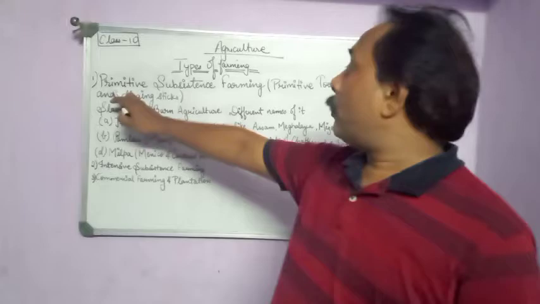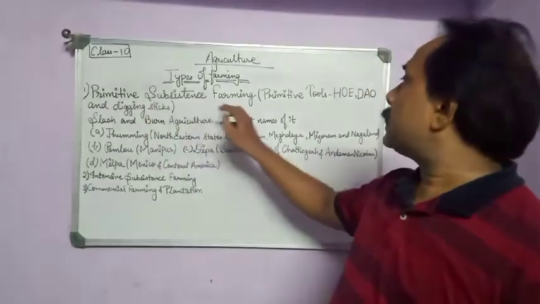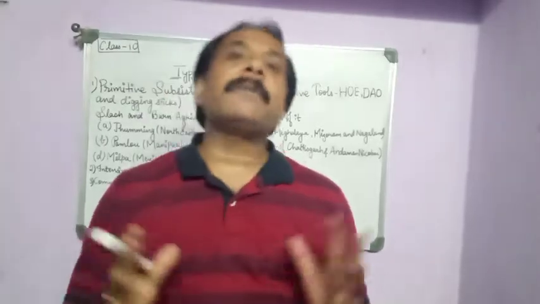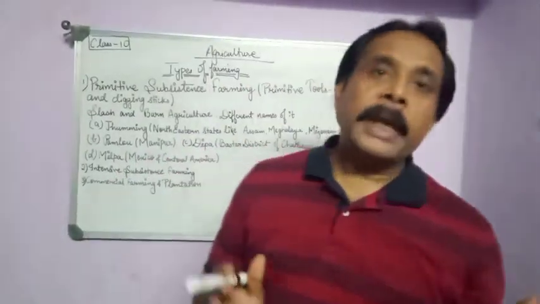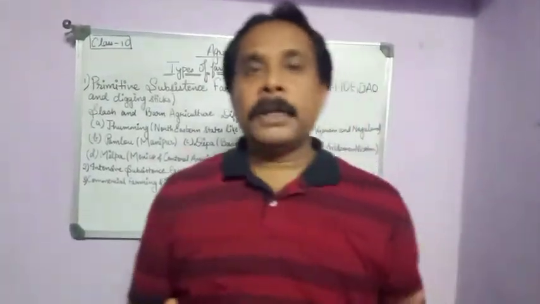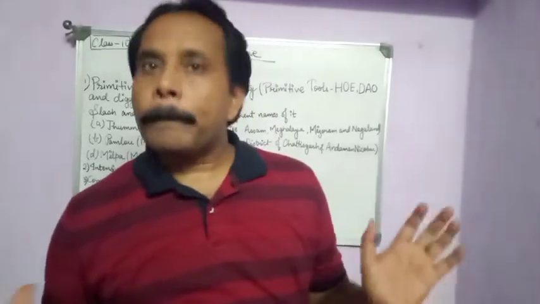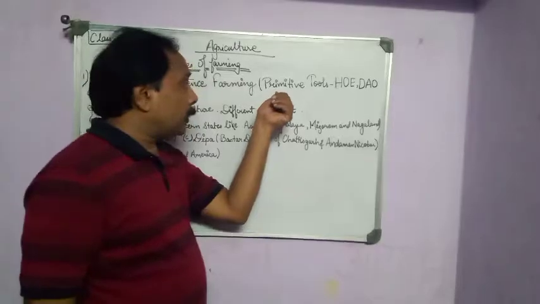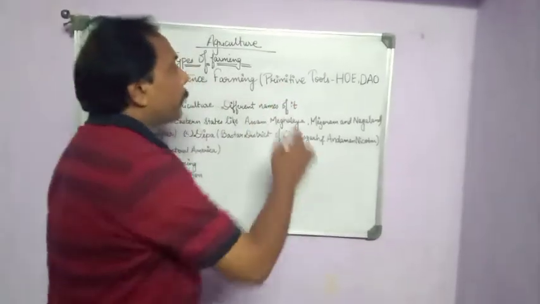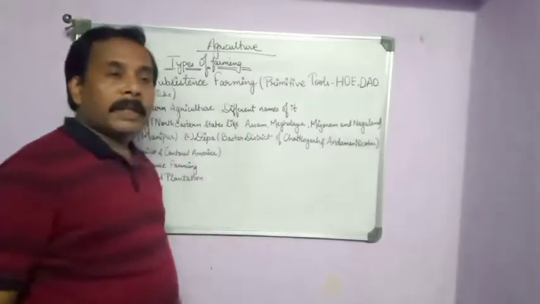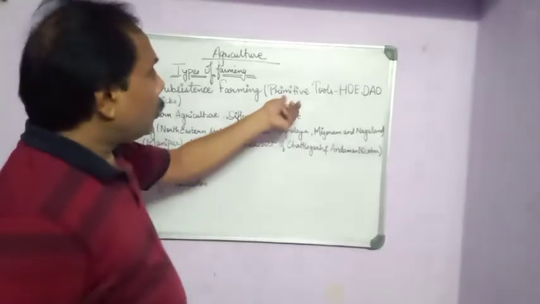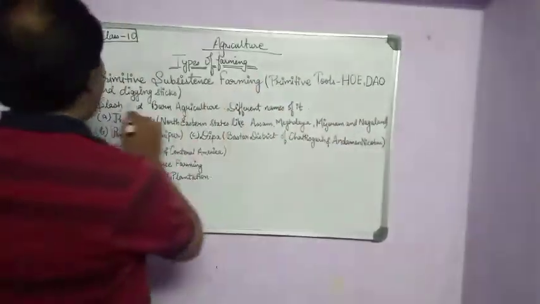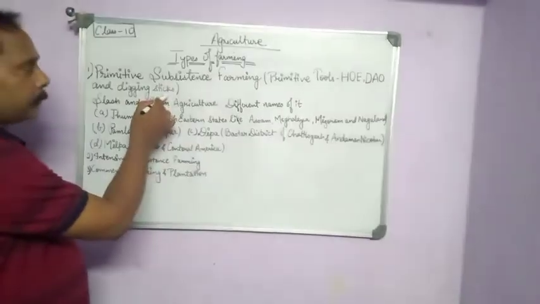Now, what is primitive subsistence farming? Primitive subsistence farming is a farming in which a small patch of land is used for production. In this farming, they used primitive tools such as hoe, dao and digging sticks.